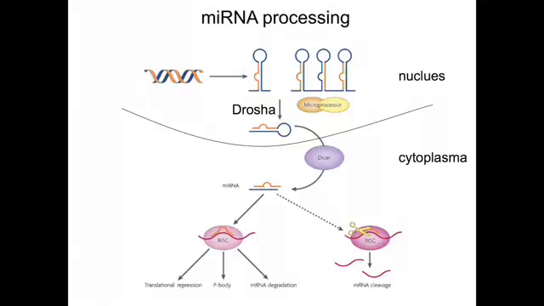Dicer is another enzyme, an endonuclease enzyme, that further chops microRNA to short RNAs, and these are about 23 nucleotides long.